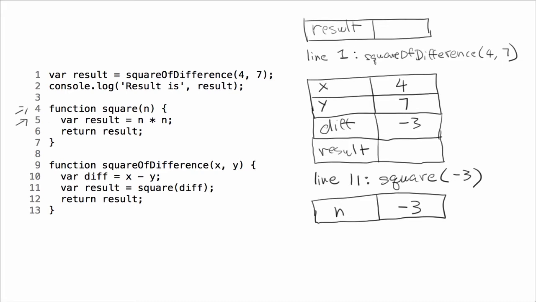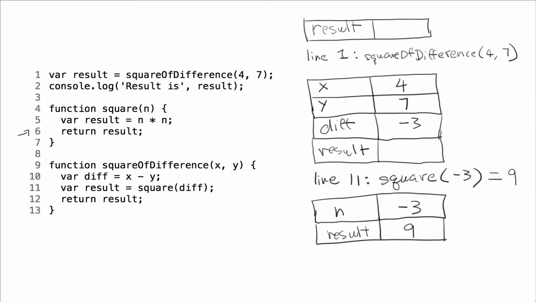Next line, the variable result is declared, and it is set to the value of n times n, which negative 3 times negative 3 is, what is it? That's right, 9. The next line just returns the value of the result, which again is 9. So with that, we can resolve the function call square of negative 3 to the value 9.